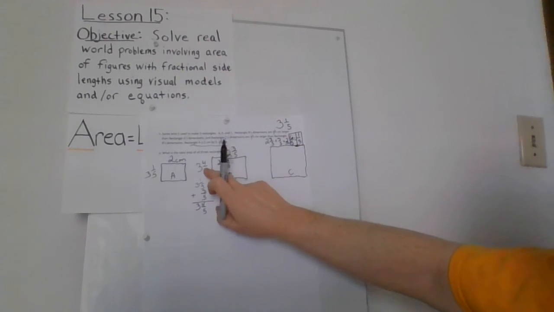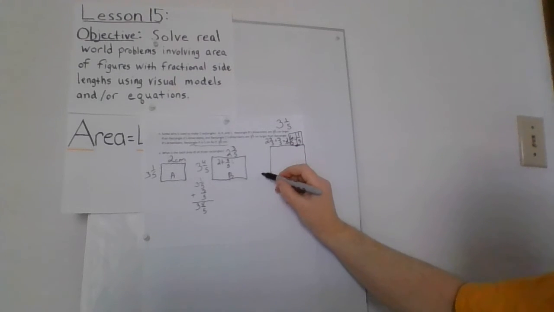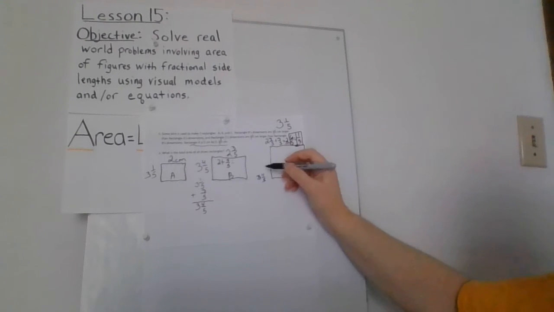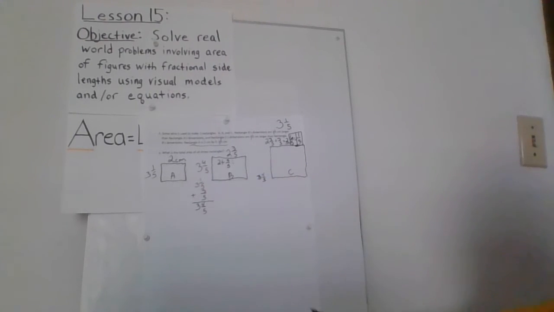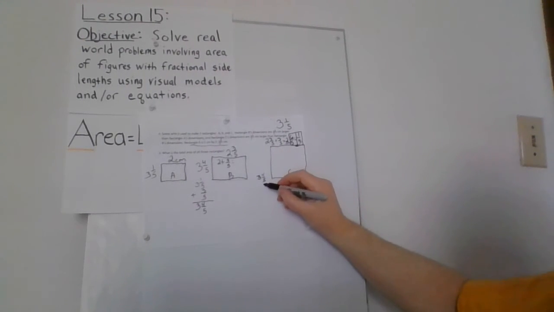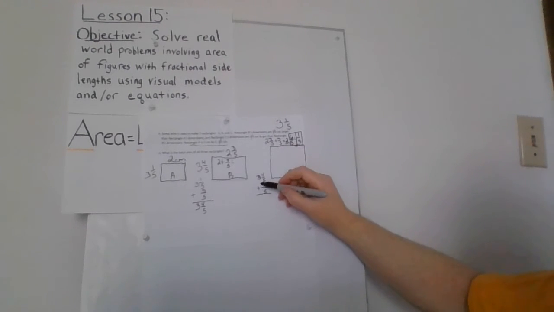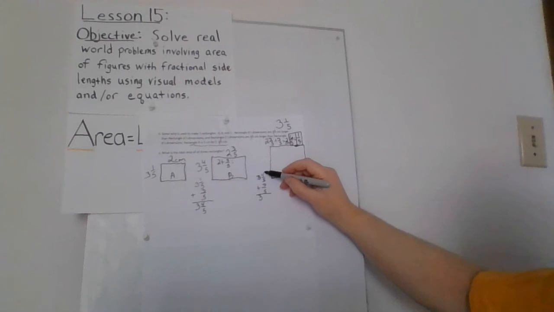And then I have to take my 3 and my 4/5, which is what the width of B was, and I also have to add 3/5 to it. So 3 plus nothing is 3. 4 plus 3 is 7 over 5.